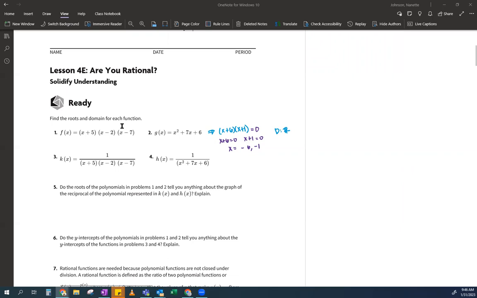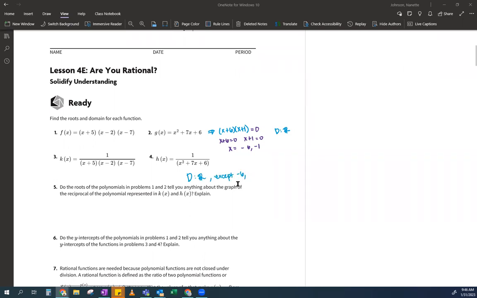But right now, I want to go after the domain. The domain for this function is going to be all the numbers except for when the denominator equals 0. We've already done the work of the denominator equals 0. It's this. So my domain for this one is all real numbers except -6 and -1.